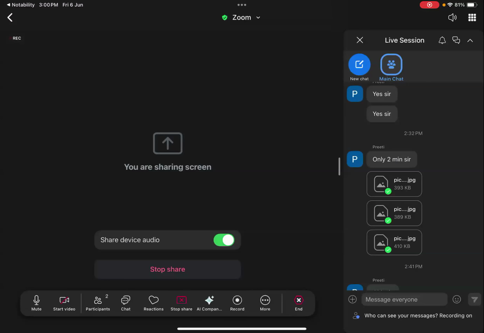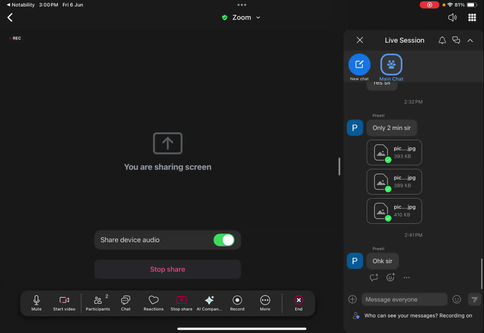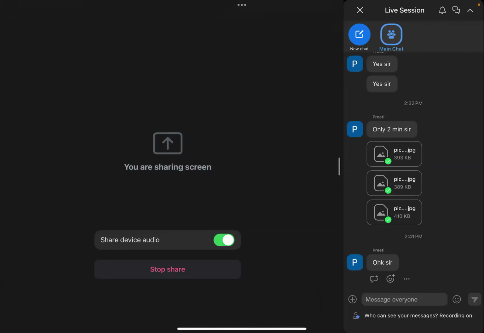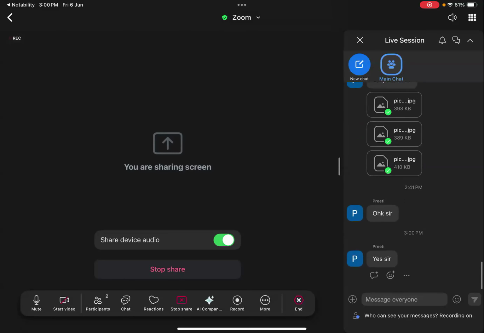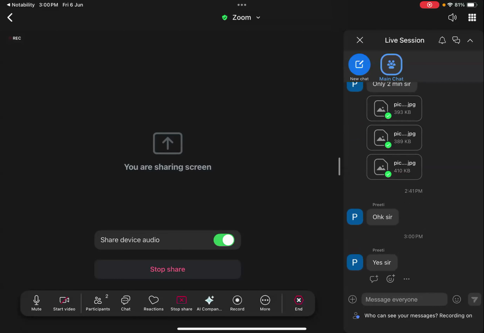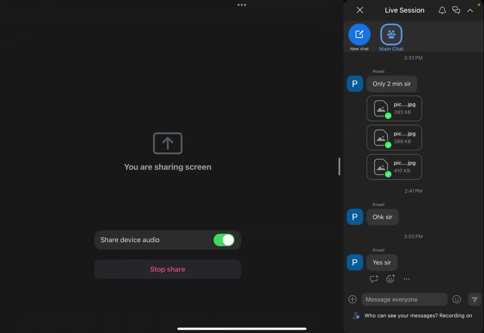Okay, so are you able to understand, Priti? Okay, so that's a good part. So how are you able to interpret these classes? Like how much is it helping you for answer writing and understanding the concepts?